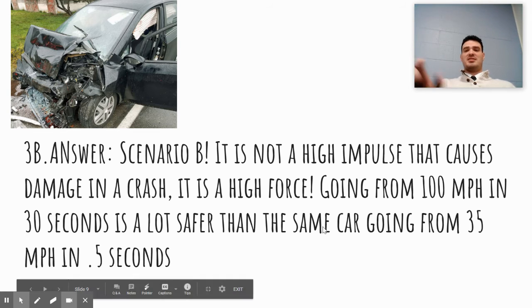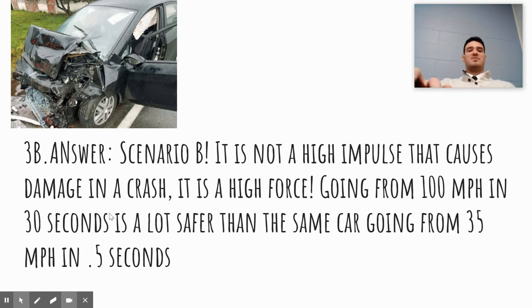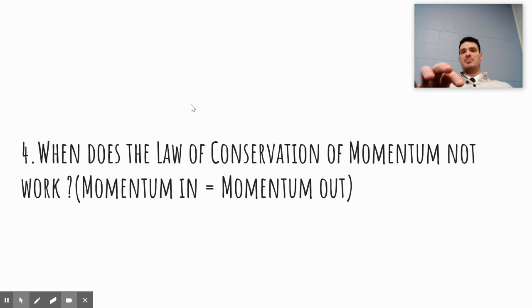And that's significantly safer than 35 miles per hour and running into some sort of wall or object, right? One has a significantly bigger impulse, but the other one has a bigger force that the object feels. So the answer is, it doesn't really matter how high your impulse is. It's the force that's going to end up causing damage.